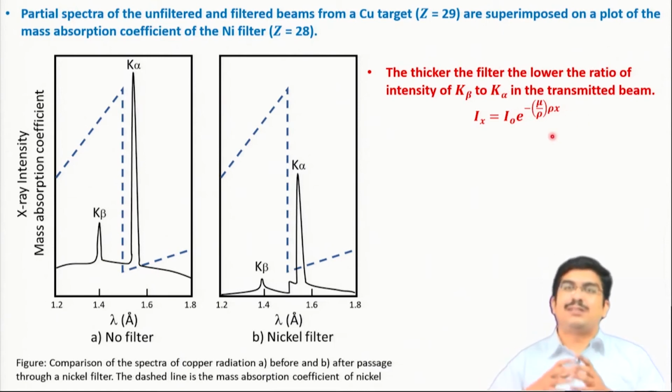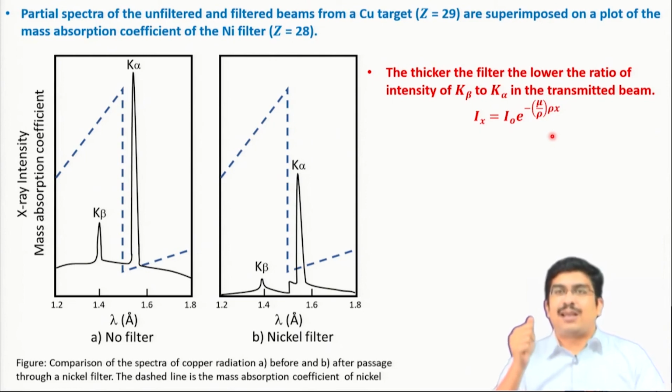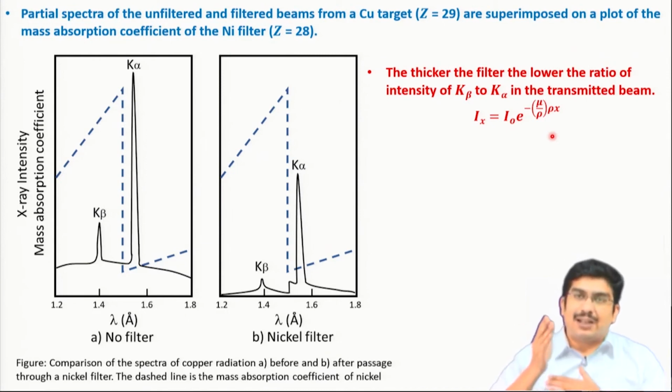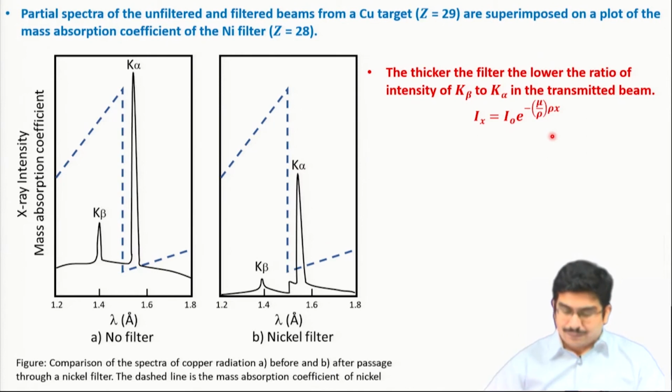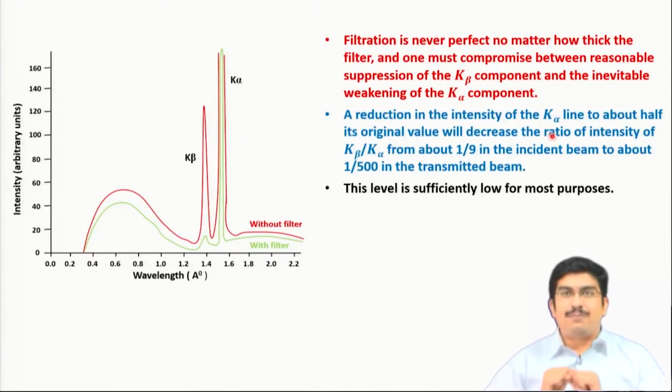If I use a thick filter, I will absorb K beta much more efficiently, and in the final beam the ratio of K alpha to K beta will be much higher. Okay. The problem in this process is that the filtration is not 100% perfect.